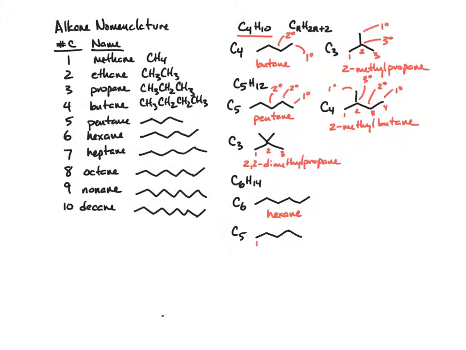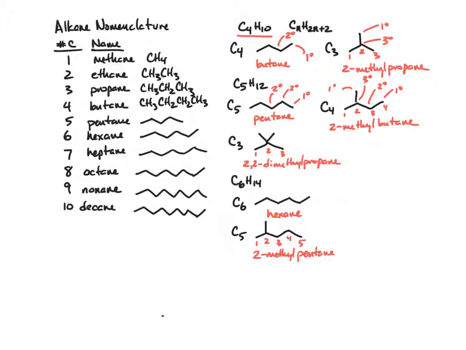Let's be methodical about this. There's our chain. We can't put the methyl at C1 or 5 because that gets us back to hexane. So let's go to 2. So this would be 2-methylpentane.